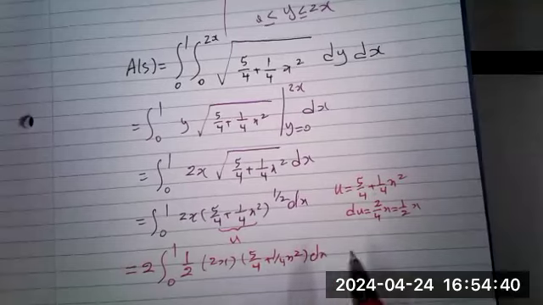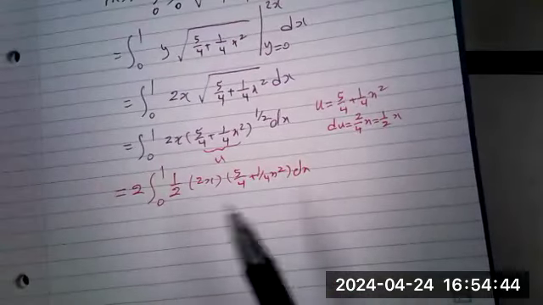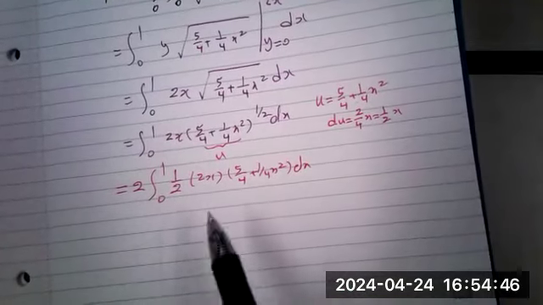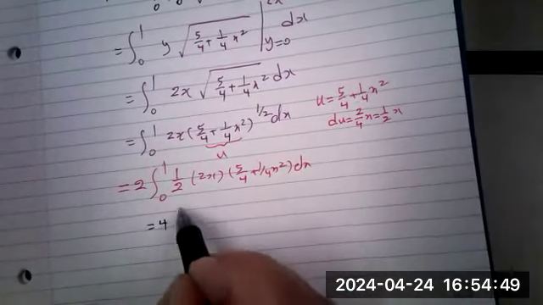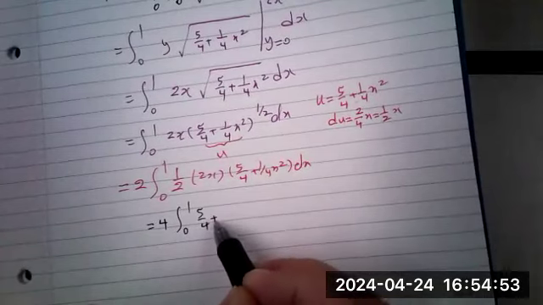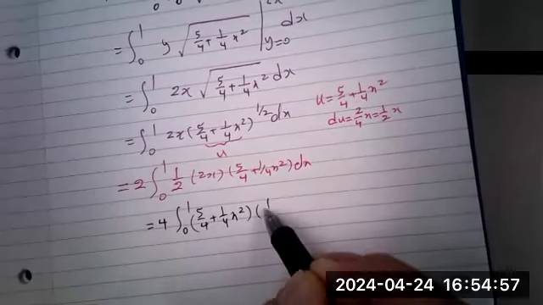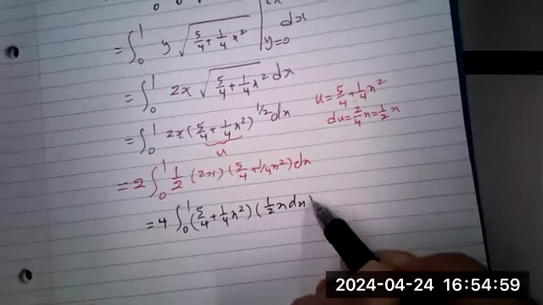It's messy. You can use your own substitution if you like. Okay, so I have to bring these two out. Then the rest is going to be 4 times integral from 0 to 1, 5/4 plus a quarter of x squared, then I have the 1/2 of x dx.